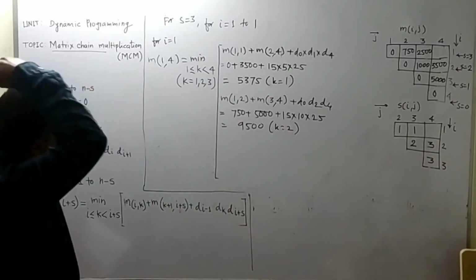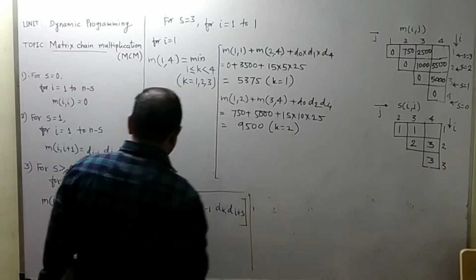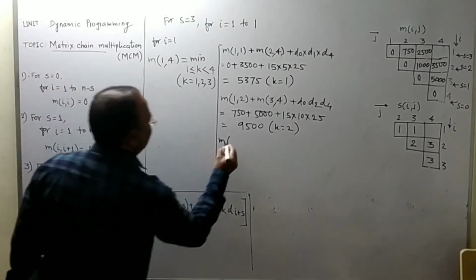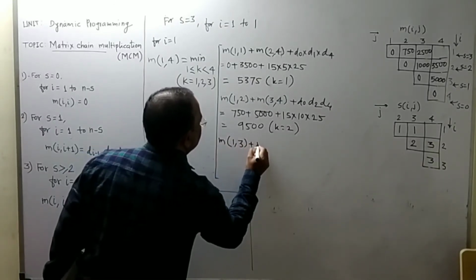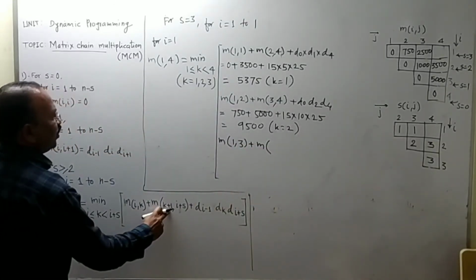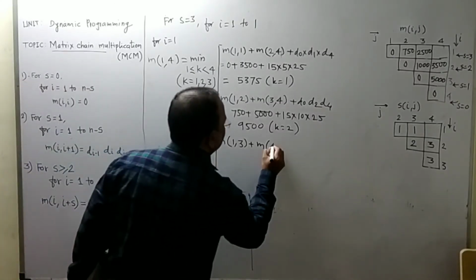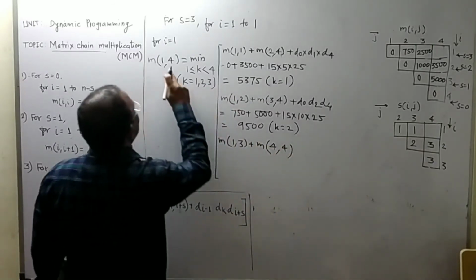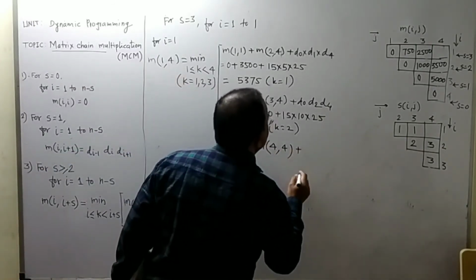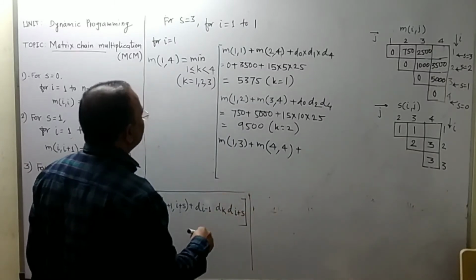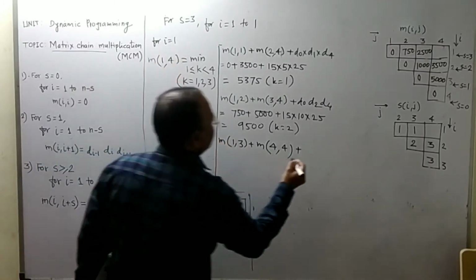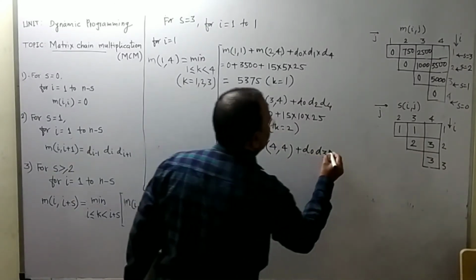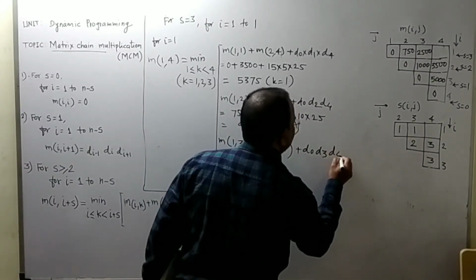Then take the next value of k, that is k is equal to 3. Use the same formula. M of i, the value of i is 1, k is 3, plus m of k plus 1, that is 3 plus 1 means 4, comma i plus s is nothing but 4, plus d i minus 1 means d0, dk means d3, then d i plus s means d4.